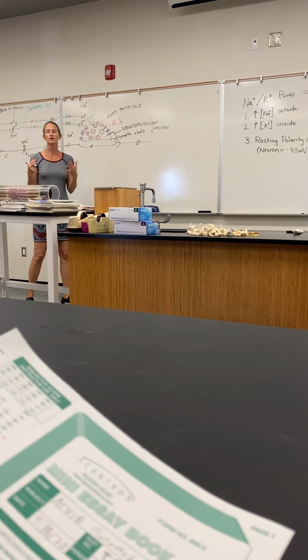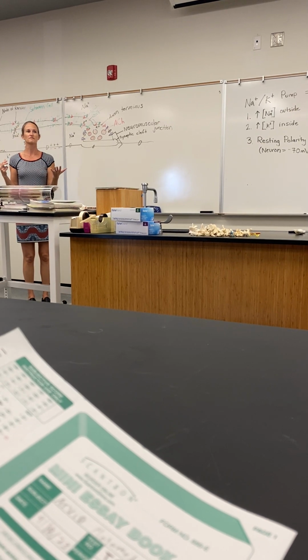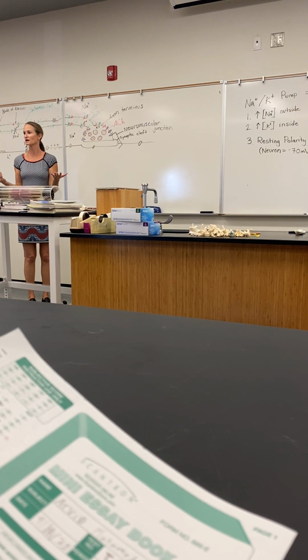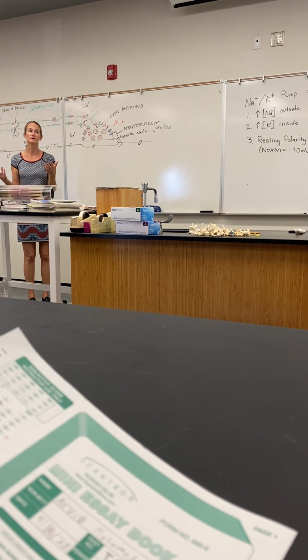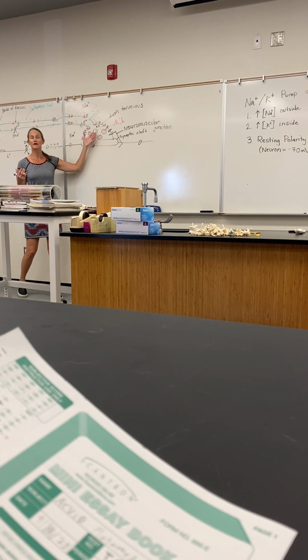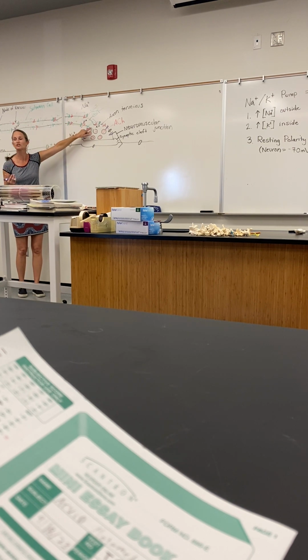I'll be honest, I don't know if it's negative 55. I don't know what the threshold is for these guys. But a more positive voltage than negative 70 is needed here. When the action potential reaches the axon terminus, the inside of the terminus gets really positive from all that sodium flooding in.